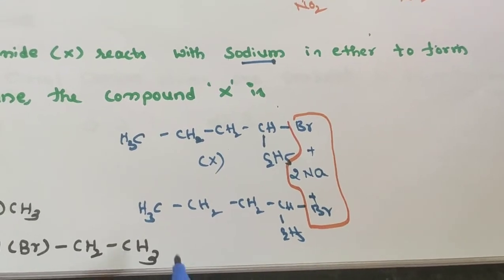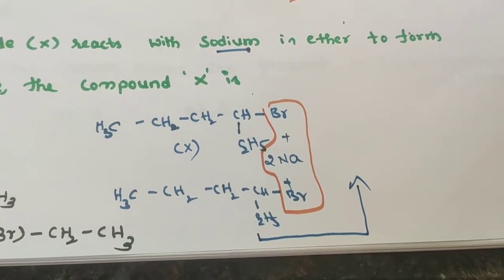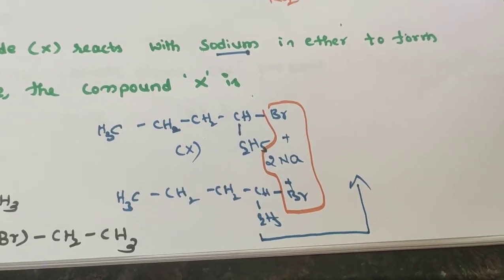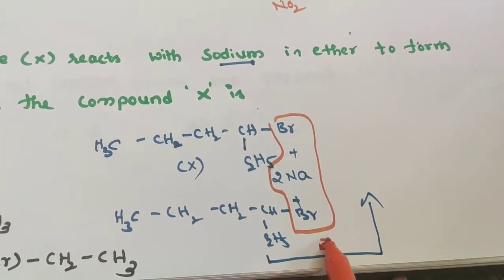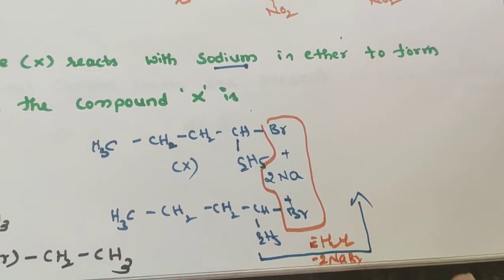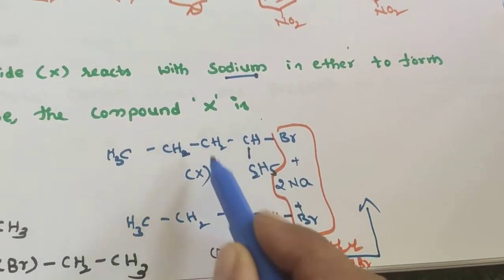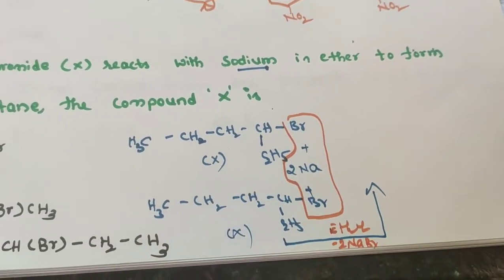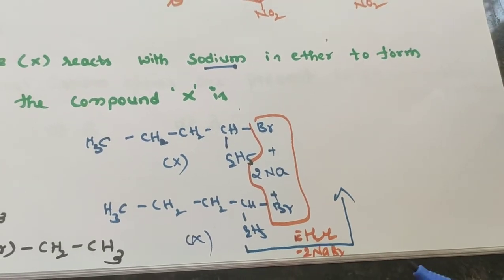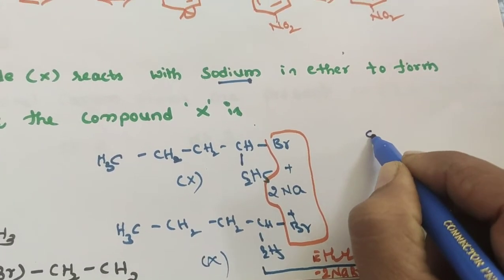The remaining we are going to treat in the presence of which medium? Ether. We apply ether. We eliminated 2NaBr, since this is 2 molecules of alkyl bromide, also taken as X. So after the elimination of sodium bromide, what is the remaining product?